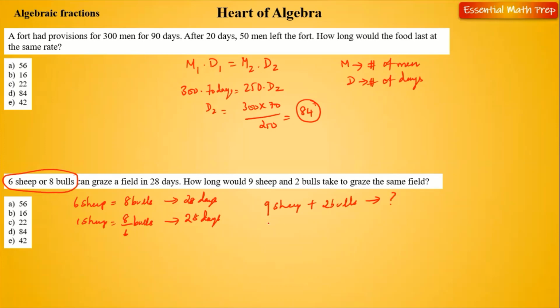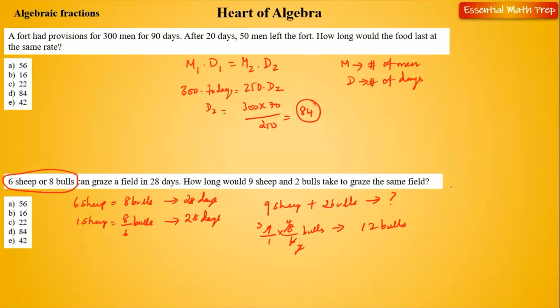So we know 1 sheep is equal to 8 over 6 bulls. So 9 sheep would be 9 times 8 over 6 bulls, right? So that will be 12 bulls. 1 sheep is equivalent to 8 over 6 bulls. 9 sheep is equal to 12 bulls.